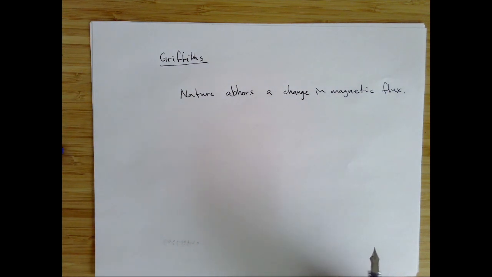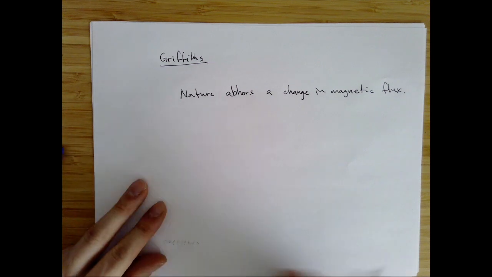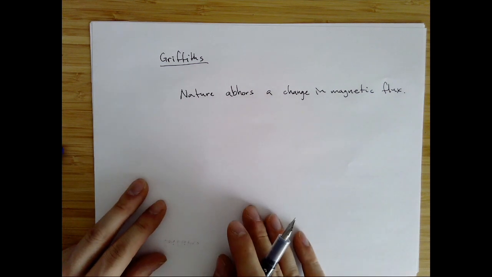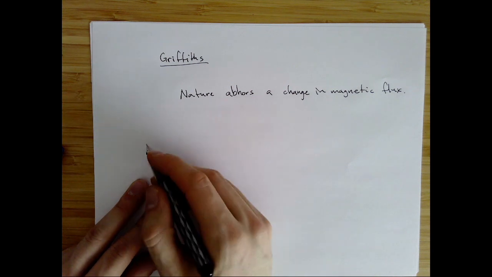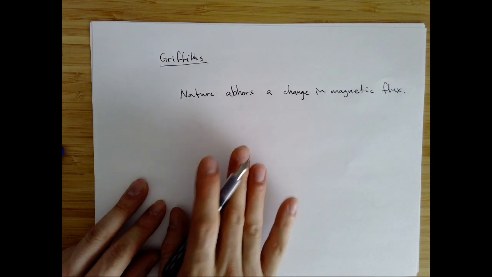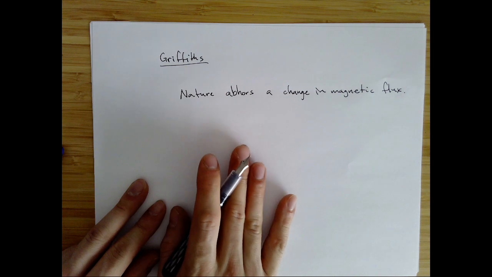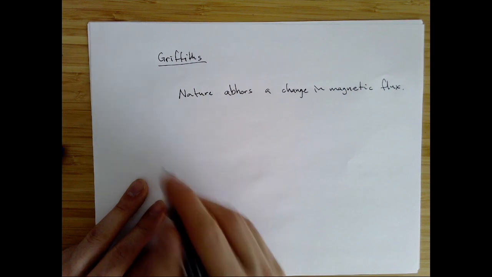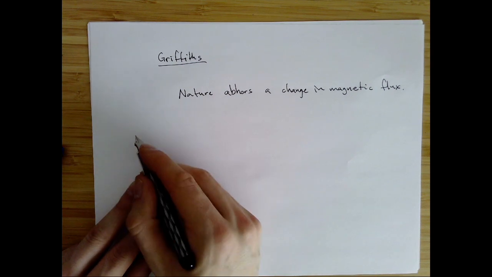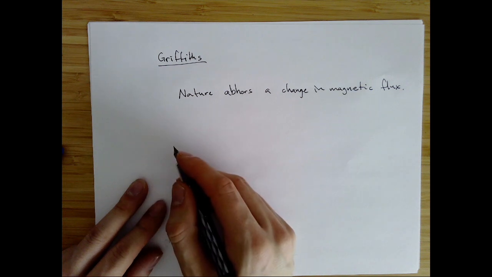So I think the best way to really dive into what this is to remind you that this is really just giving the direction of the induced current that is caused by a changing magnetic flux in an area of a conductor or in a wire loop. That really is all Lenz's law gives us, and that's why it's the negative sign in front of Faraday's law.